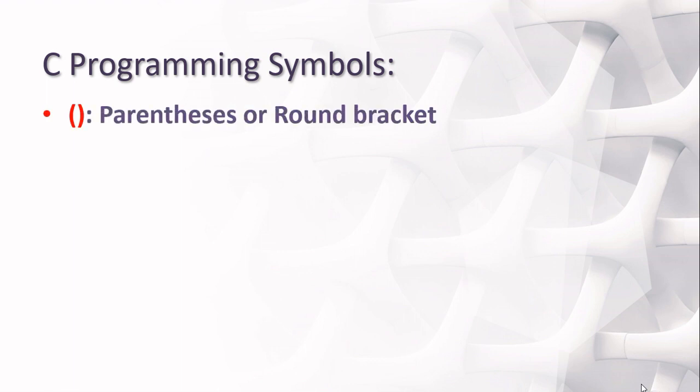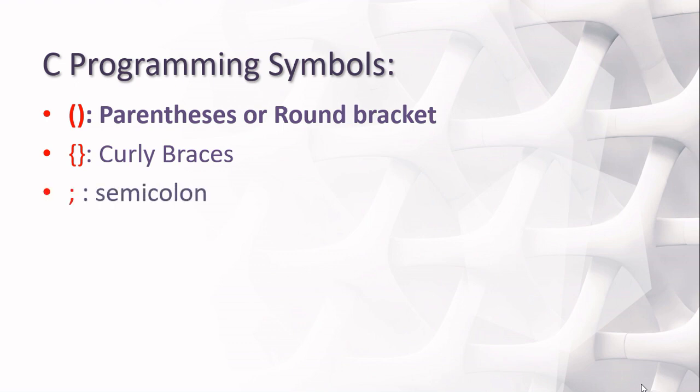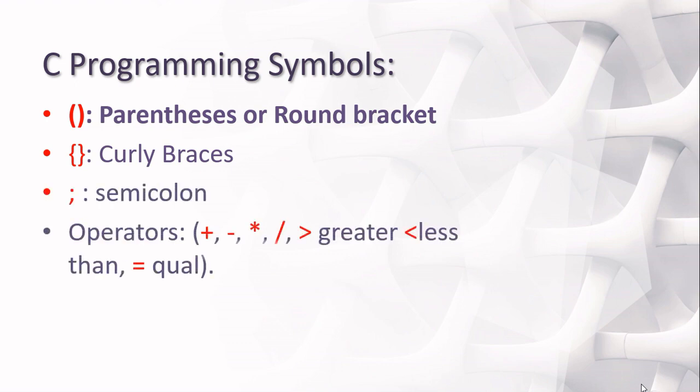The first one is a parenthesis or round bracket, curly braces, semicolon. Operators include addition, subtraction, multiplication, division. The other one is called greater than. The opposite one is called less than and equal.